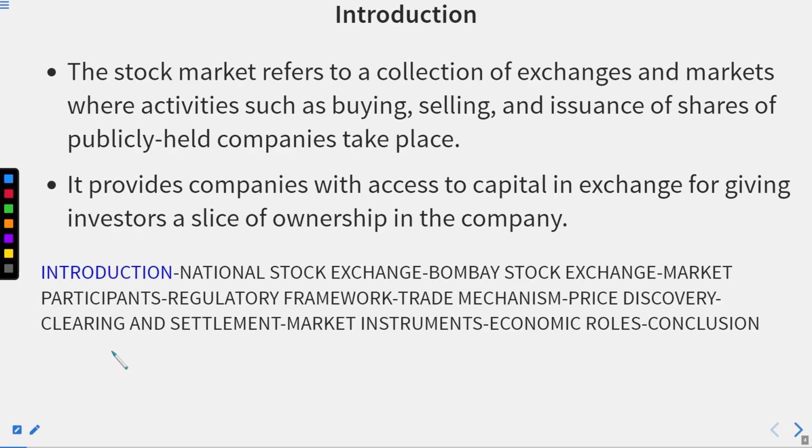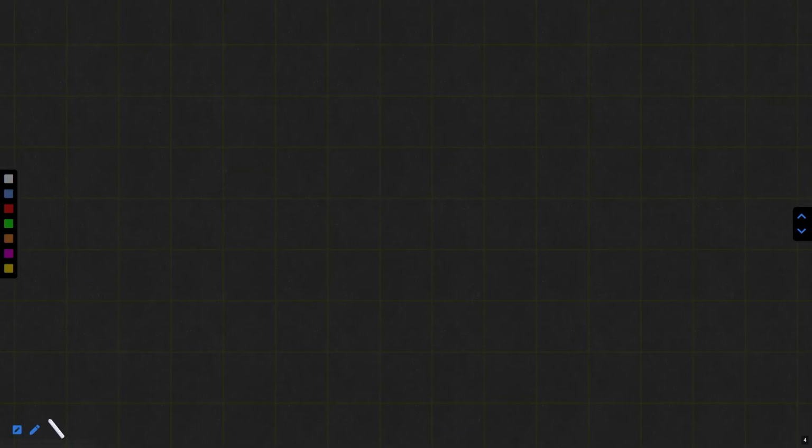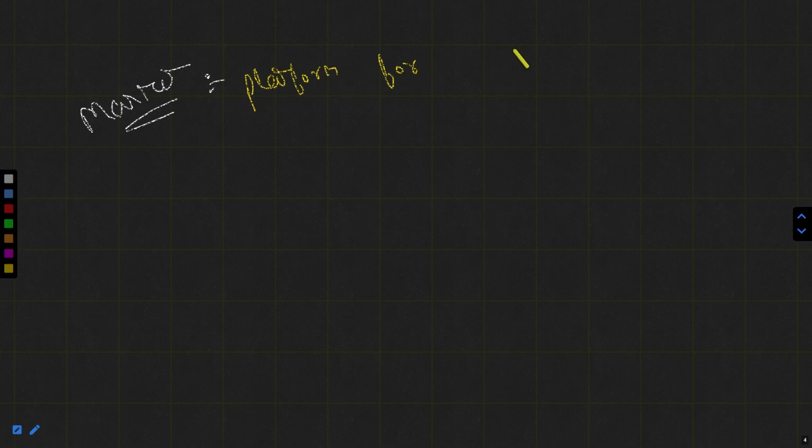Now, about the stock market we had already discussed in the previous lectures. Like I had told you, if we talk about the market, then what is a market? Market is basically a platform for buying and selling.